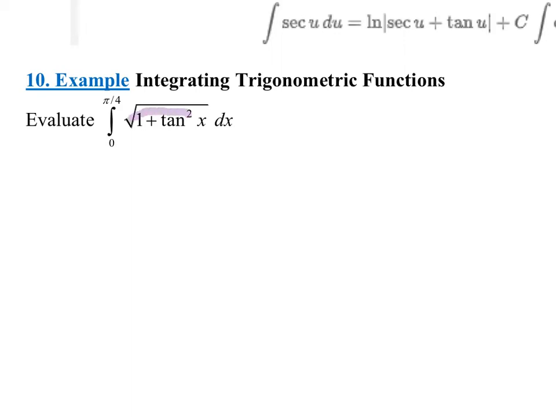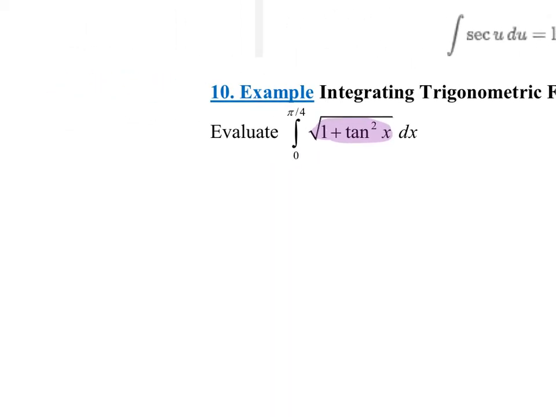The key here, the trick, is to realize that secant squared x comes from the Pythagorean identities. I don't know if you remember them: sine squared x plus cosine squared x equals 1, right?